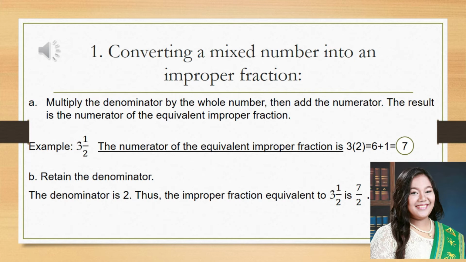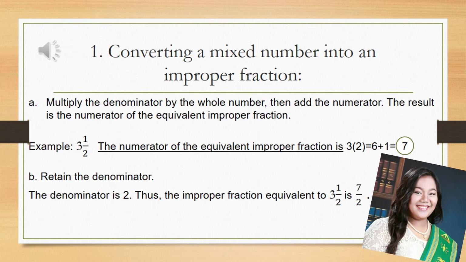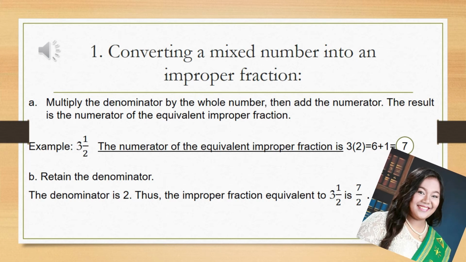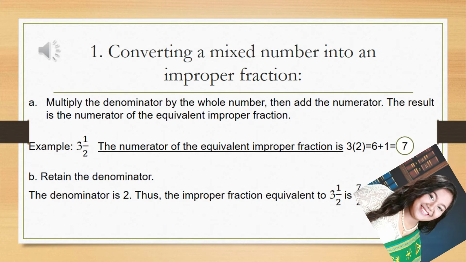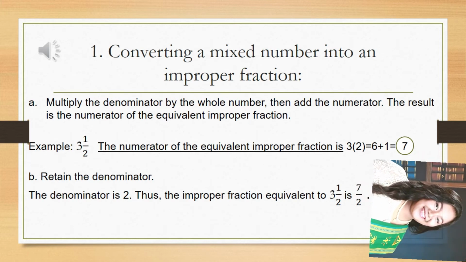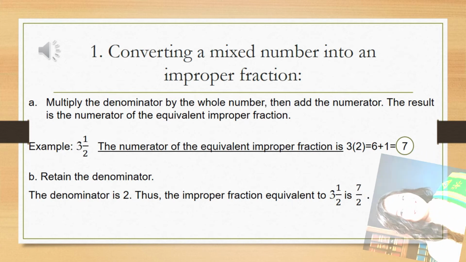The numerator of the equivalent improper fraction is 3 times 2 equals 6, plus 1 equals 7. So 7 is the new numerator. Second step, retain the denominator. The denominator is 2. Thus, the improper fraction equivalent to 3 and 1/2 is 7/2.